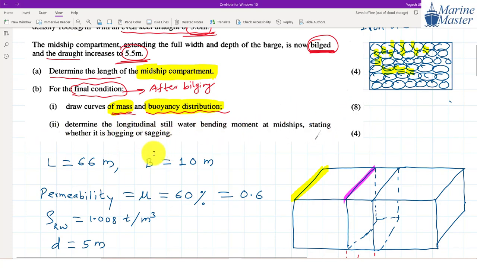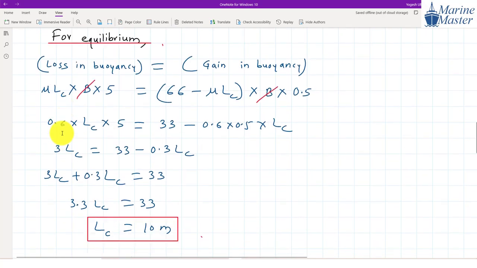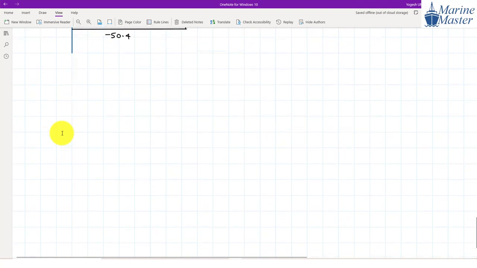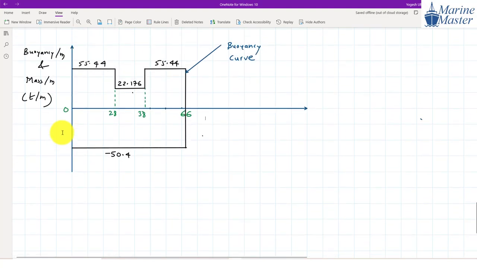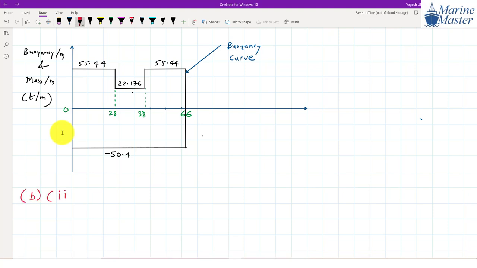So our target in part B is the bending moment at what? Bending moment at midship, and whether it is hogging or sagging.